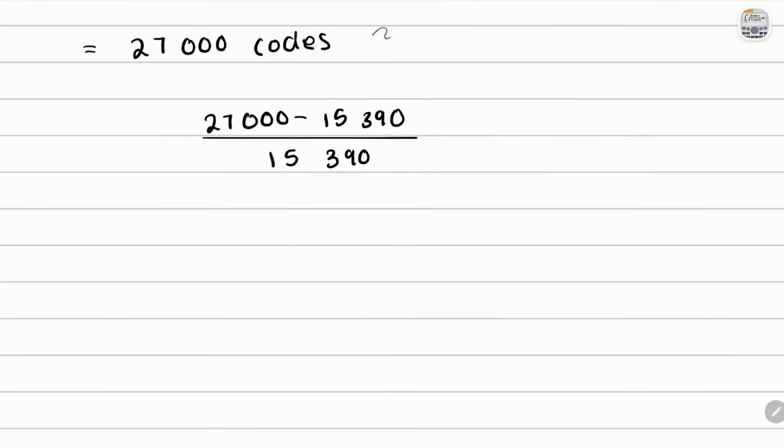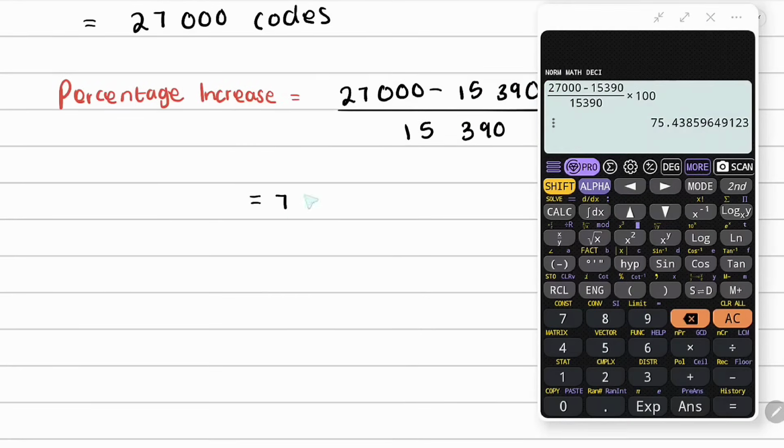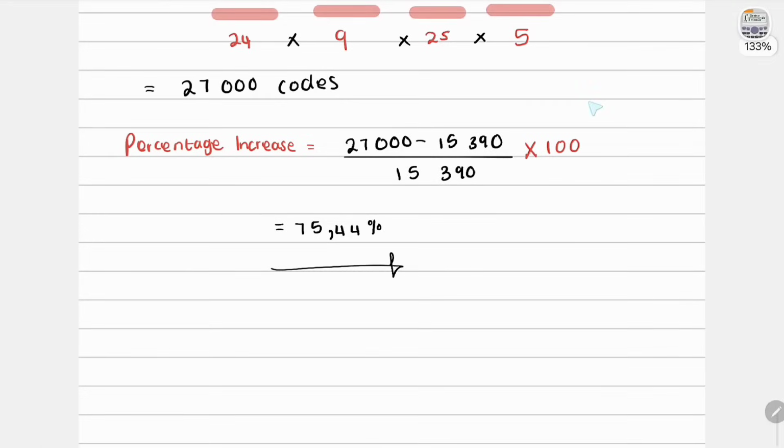Then you want to ensure that this is a percentage, so you multiply it by 100 to get it from a decimal or fraction to a percentage. And that gives us 75.44%, rounded off to 2 decimal places because that rounds up. Okay, and that is our answer.